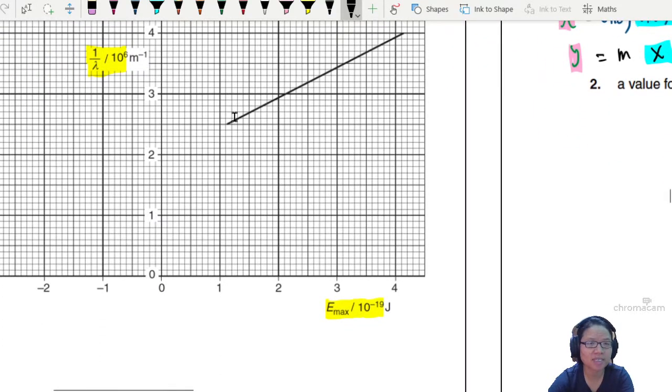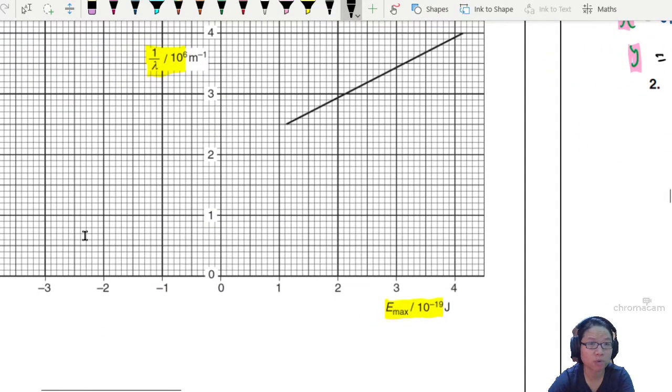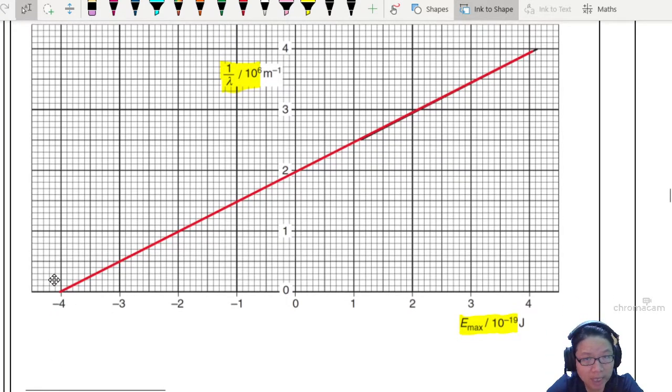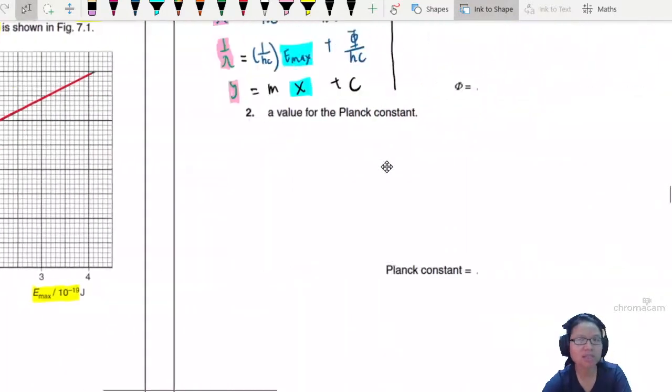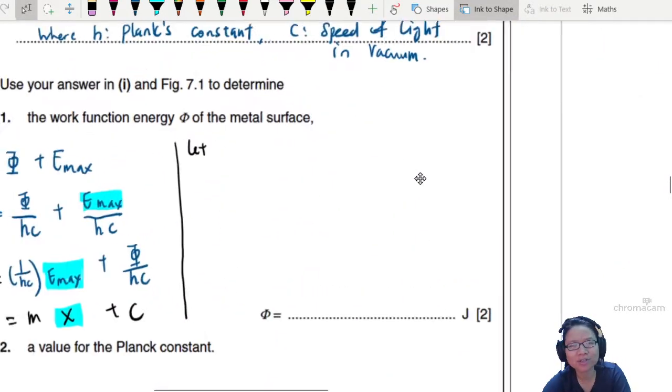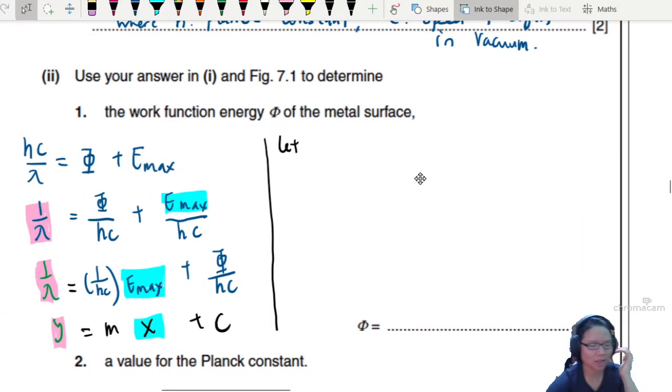Let's say I extrapolate the line of the graph to find the intersection with the x-axis. You will notice that at the x-axis, the y-axis is 0. So you can let 1 over lambda be 0. Let's see if that helps. I don't know, because that's the last method. So I'm going to let 1 over lambda be 0.